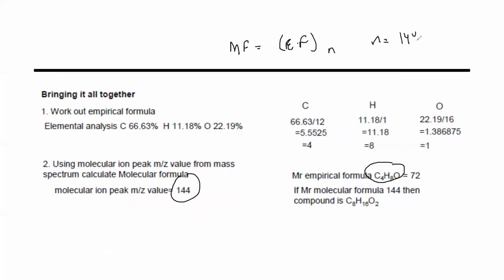So 144 divided by 72, the value of n equals 2. So this 2 is multiplied with carbon, hydrogen and oxygen in the empirical formula. That's why the molecular formula is C10H12O10.